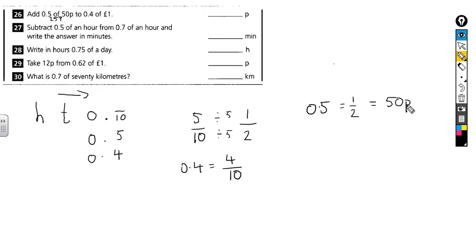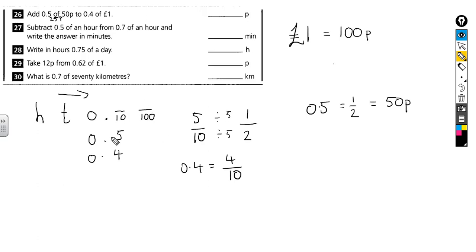Do you recognise, because pounds are in hundredths, £1 is equal to 100 pence. So we can imagine that every penny would be represented in this hundredth column here.